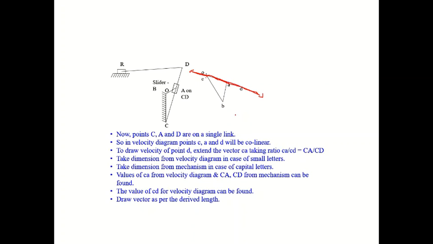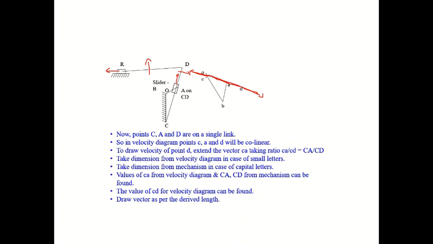Now, slider B is moving on CD. This is a slider. A slider will move in the parallel direction only, but other links will move in the perpendicular direction.